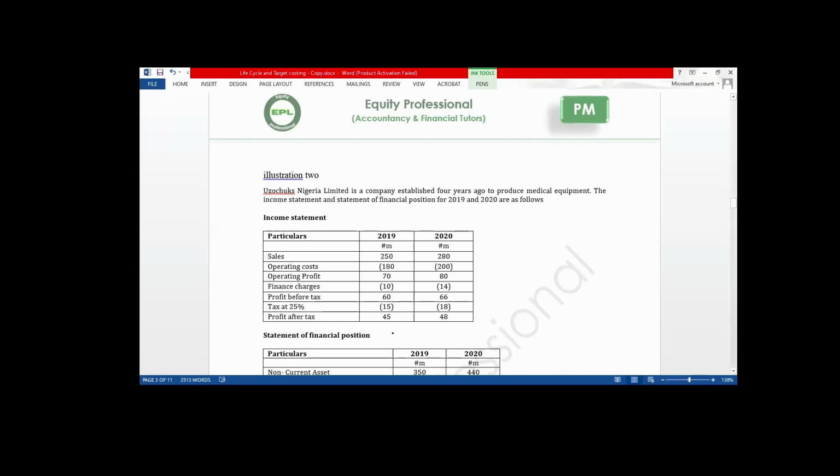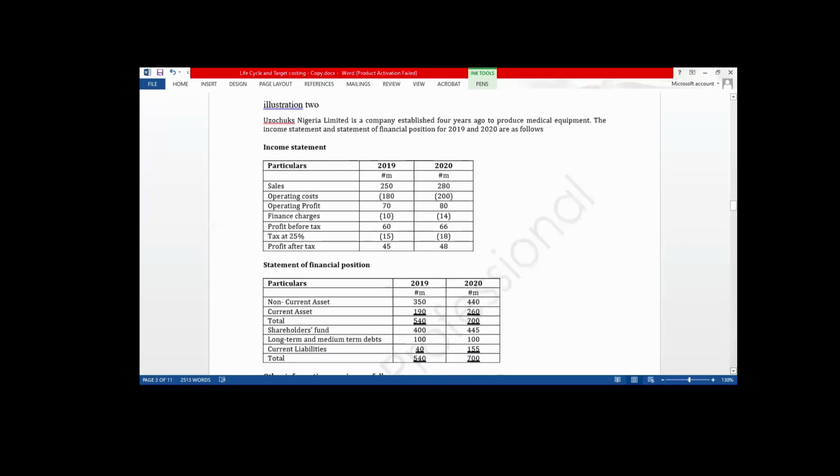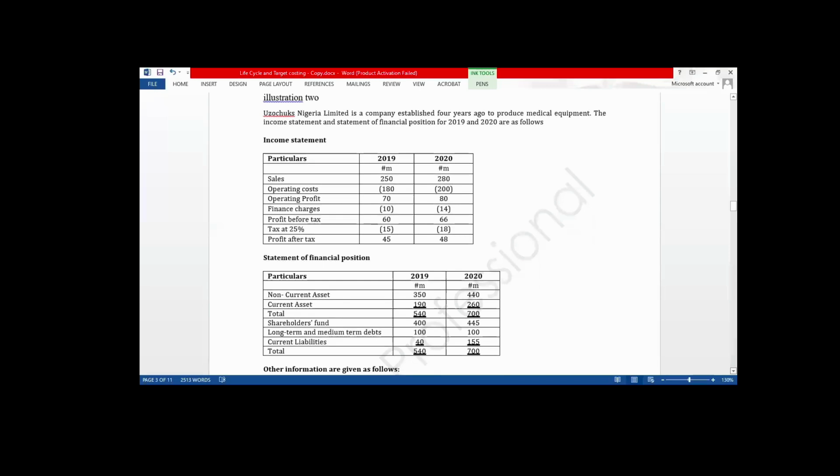Then we are given the statement of financial position. We have the non-current asset, current asset, total assets, shareholder funds, long-term and medium-term debt, current liabilities, and other information.